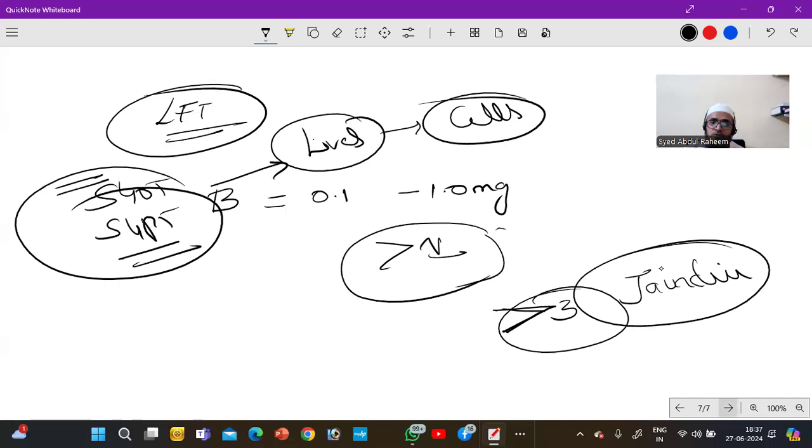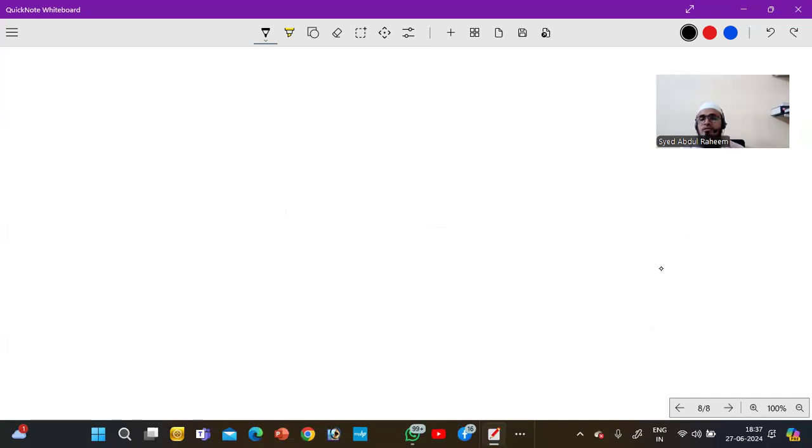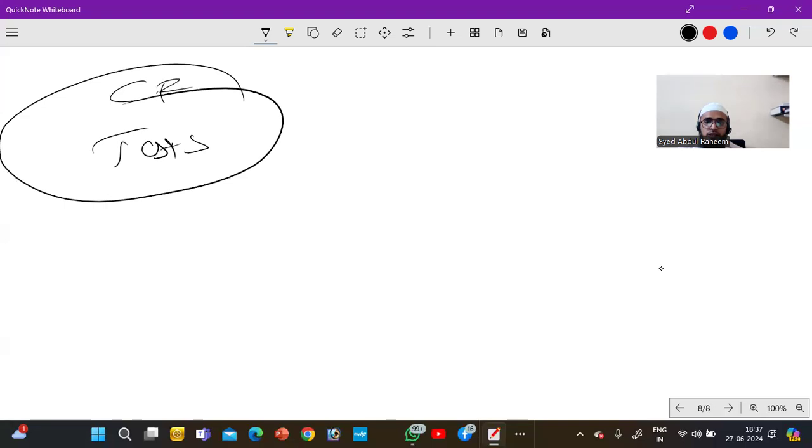Depending upon the values, we check whether the liver condition is good or bad. So this is all about the clinical features and tests. Now the other thing is remedies. What are the remedies we have to use to treat this problem?